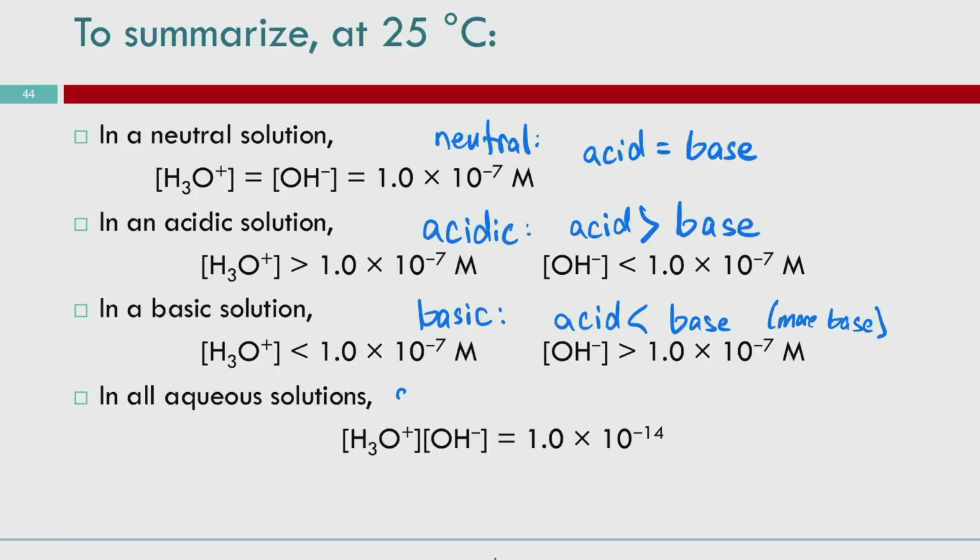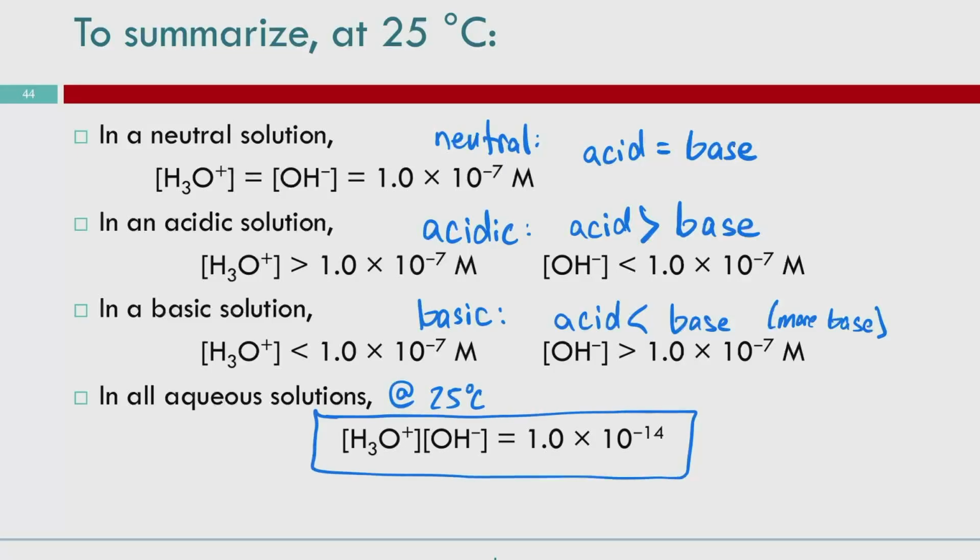And in all aqueous solutions at 25 degrees Celsius, which will be true in this class, this bottom bit, which I boxed in earlier and wrote is important, is also true. The concentration of the H plus times the concentration of the OH minus is equal to our Kw, which is 1 times 10 to the minus 14.